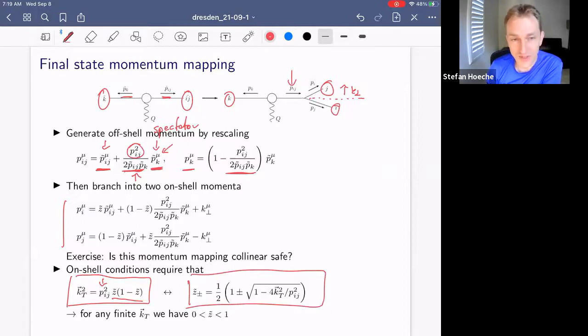And what this means in particular is that if I haven't yet fixed the virtuality of the particle, and it can be anywhere, but I have a minimum transverse momentum or minimum resolution for the Parton shower that I want to achieve, because I want to see, quote unquote, these final states up here, i and j individually, then the z range for the integration can only range between something that's larger than 0 and something that's smaller than 1.